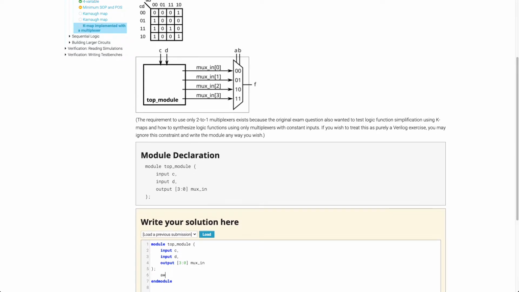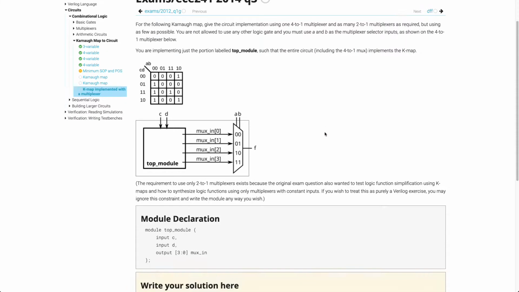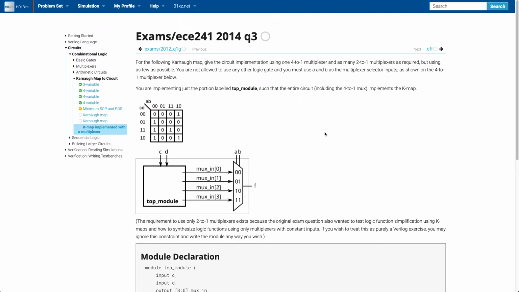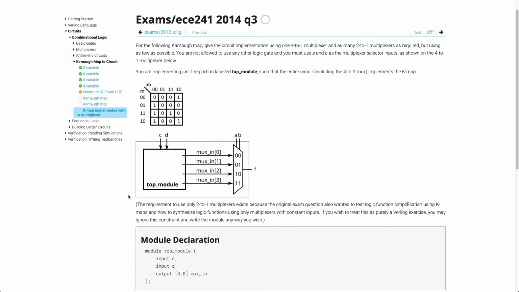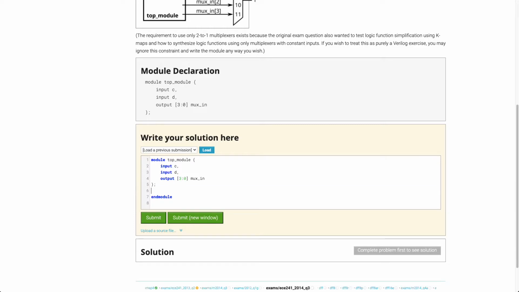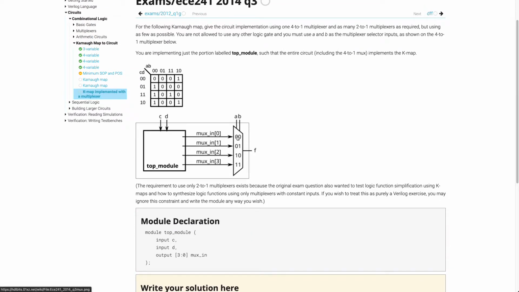Oh, I see. I'm just implementing the left-hand side. So mux 0 will be this.